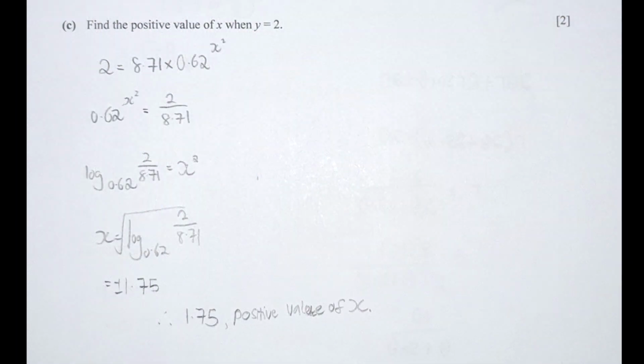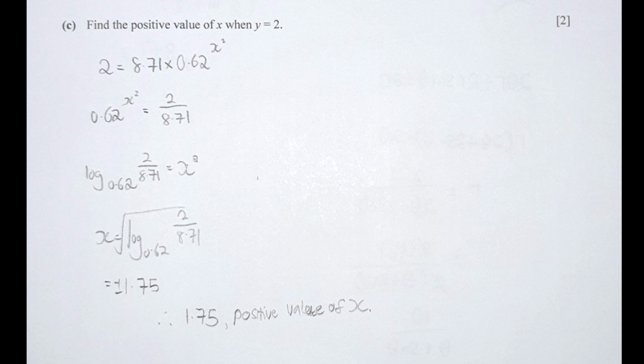As for question C, find the positive value of x when y equals 2. So I put in y equals 2, put in 8.71, I put in 0.62, and our x here still remains as x because we're trying to identify it. I get rid of the 8.71.